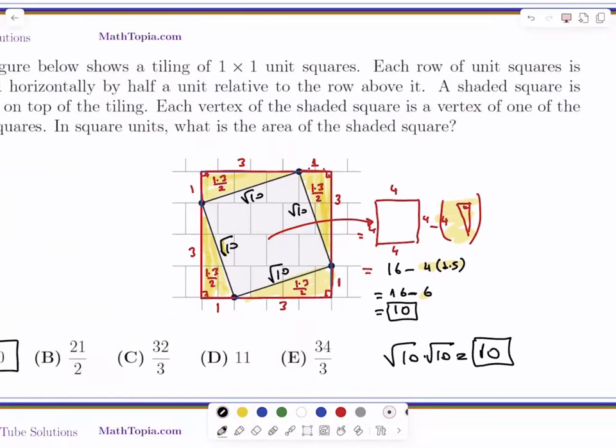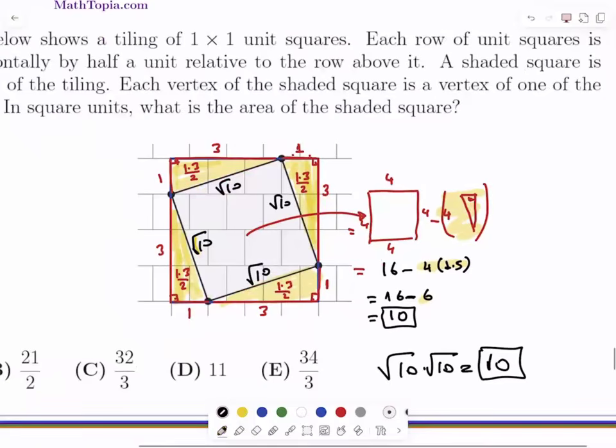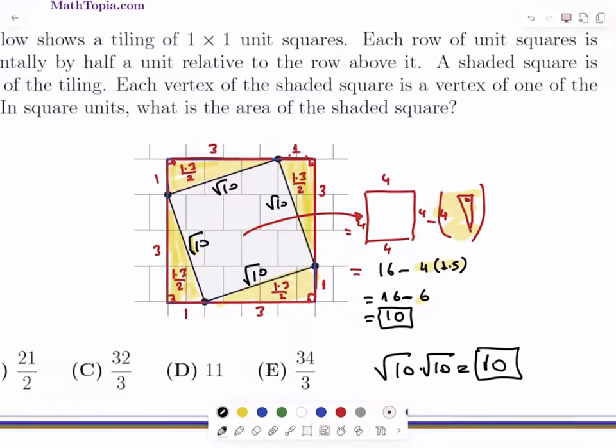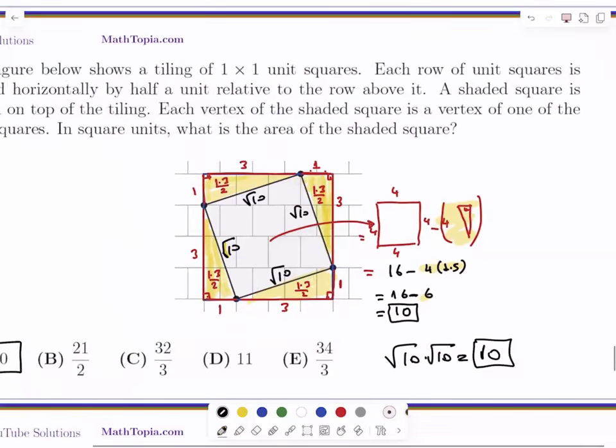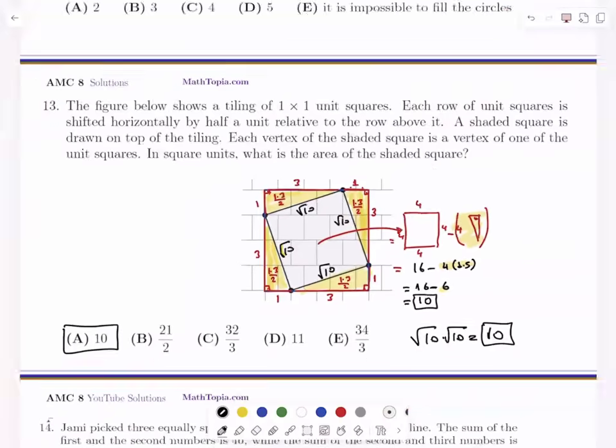Yes. So we can solve this problem using maybe 5 different methods, but finding the four congruent triangles would be a good way.